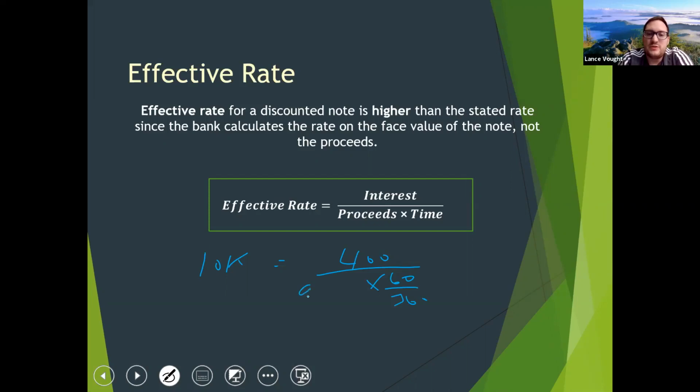And that means you're going to receive $9,600 because $10,000 minus 400 gives you 9,600. Then your effective rate will be 25%.